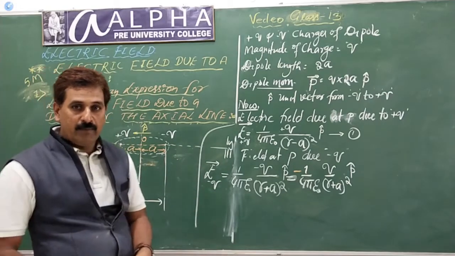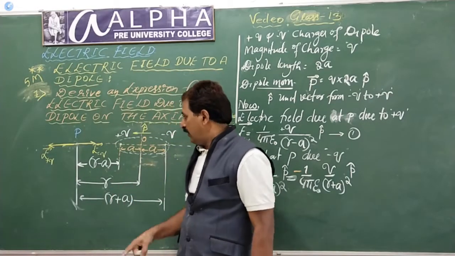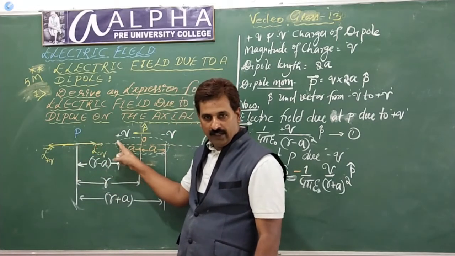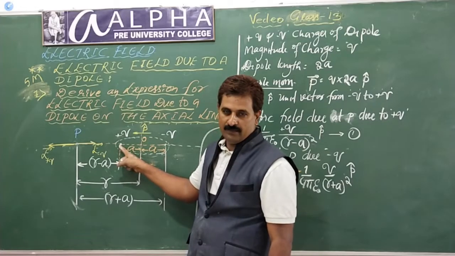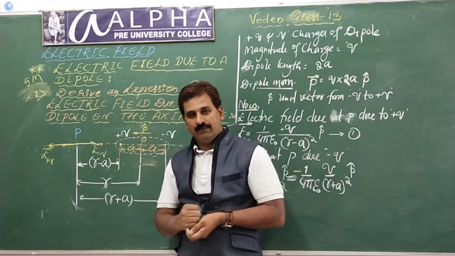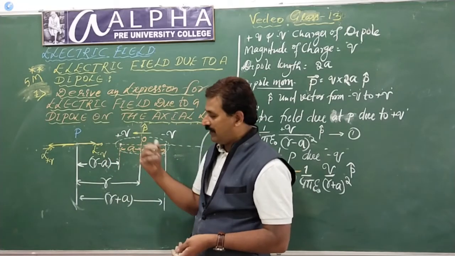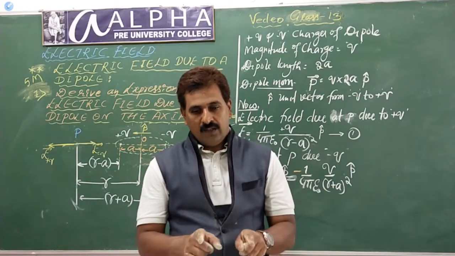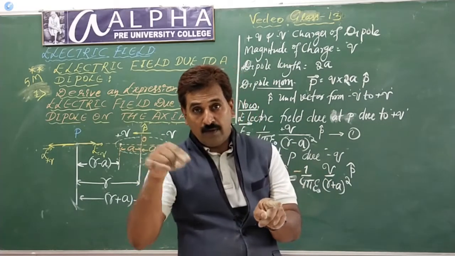At the same time, two fields act on a unit charge at P, one to the left, the other to the right, which means superposition of electric field. How do you find the resultant? Vector addition. When they are in the same direction, just add them. Different directions, parallelogram law of vector addition.